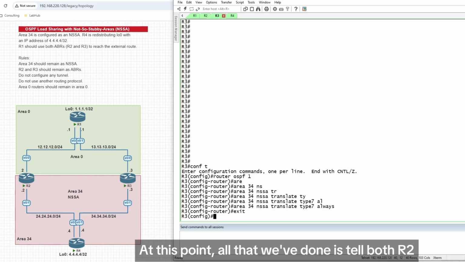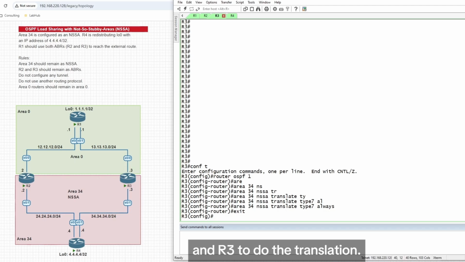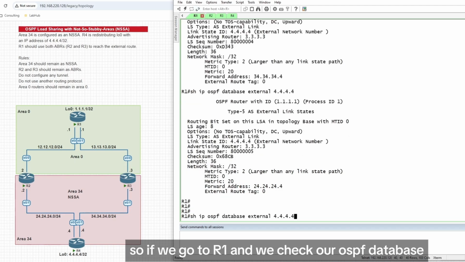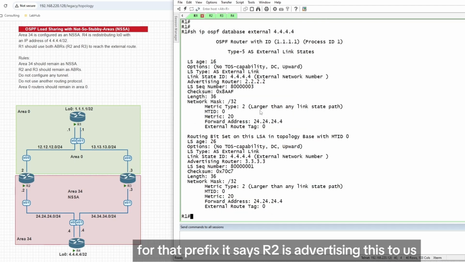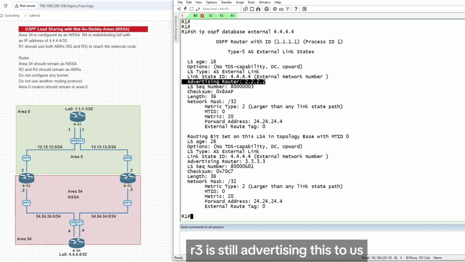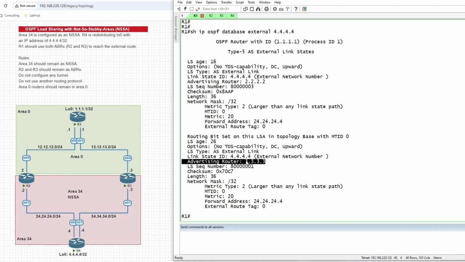At this point, all that we've done is tell both R2 and R3 to do the translation, but we have not manipulated the forwarding address in any way. So if we go to R1 and we check our OSPF database for that prefix, it says R2 is advertising this to us. That is okay. R3 is still advertising this to us.